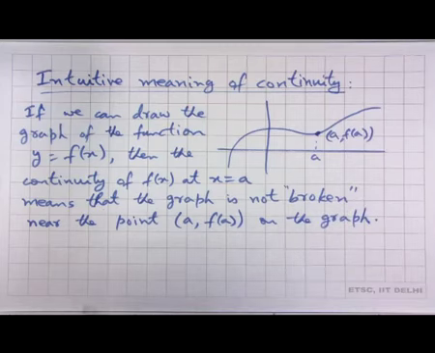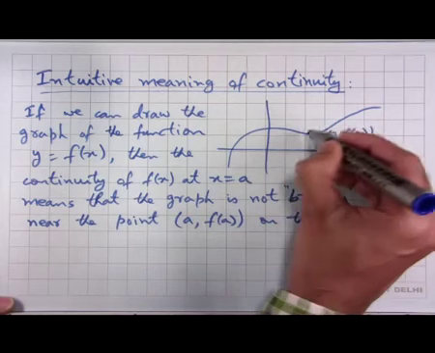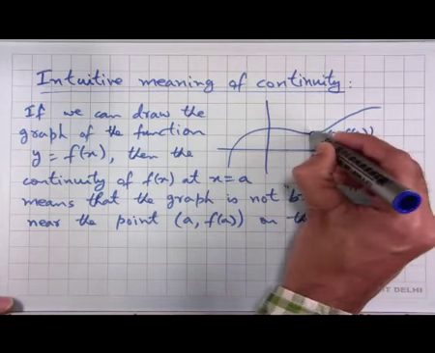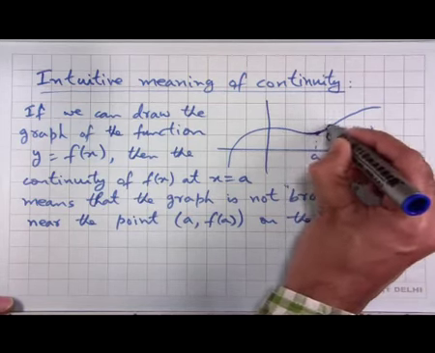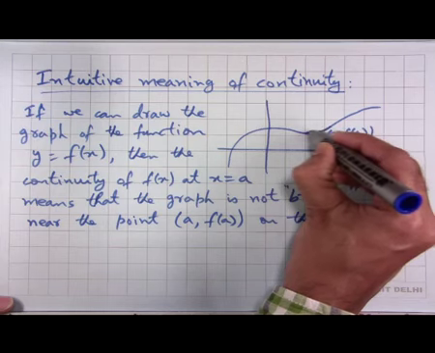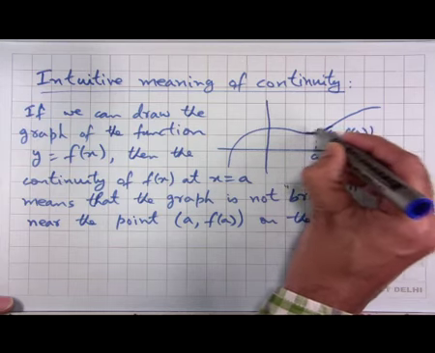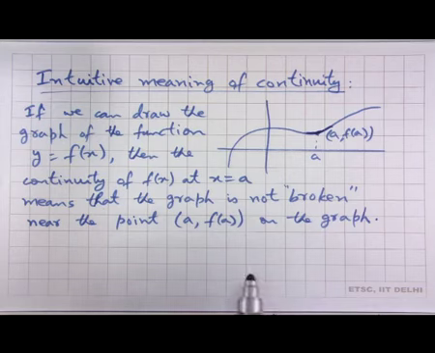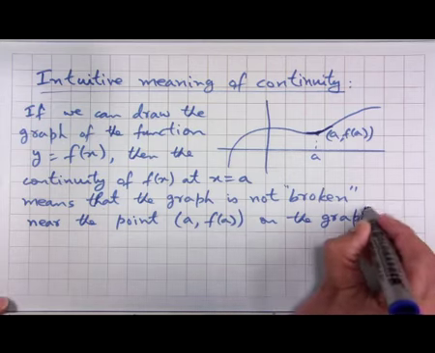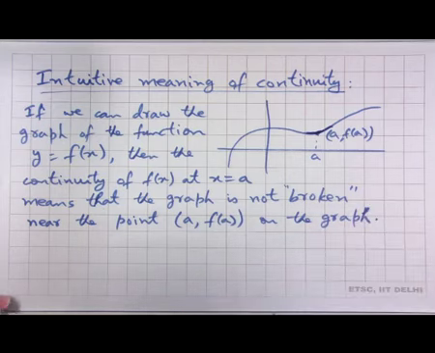So, which means that you can draw the graph of this function near this point a comma f of a without having to lift your pen. But we will see that this intuitive definition is not enough to make rigorous sense of continuity.